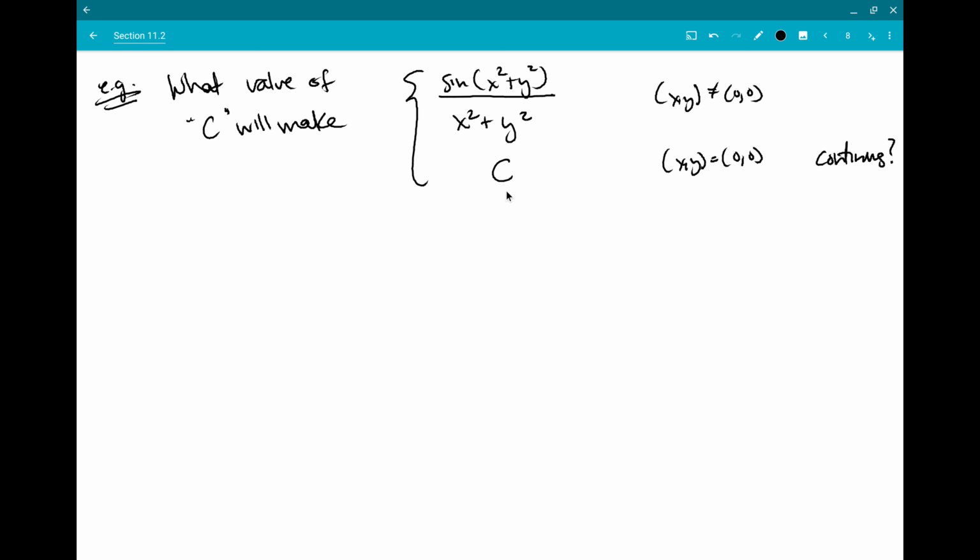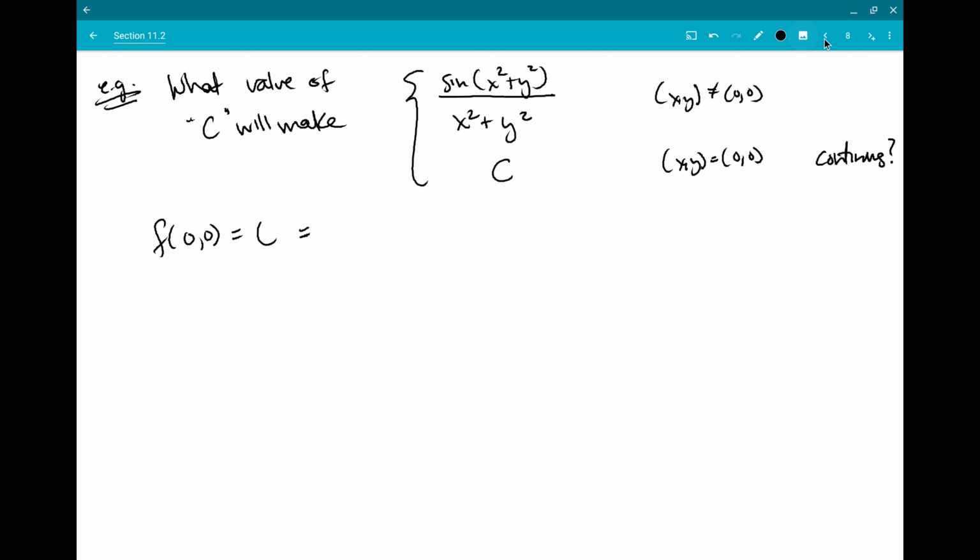So what I'm saying here is that my f of 0, 0, which is the point where I think continuity might break, is going to be equal to c. So it's definitely defined. And I just want to make sure that if I take this limit, I end up at the same place.